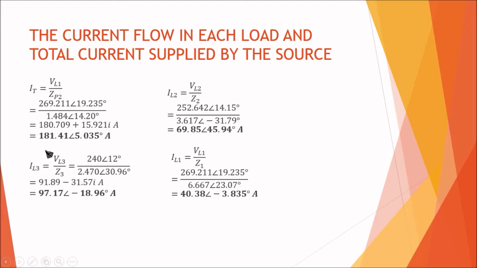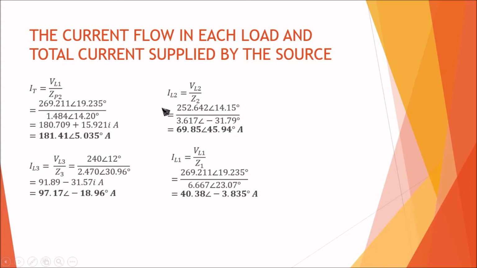Then you can calculate the current at line 3 by using the voltage at line 3 we calculated earlier divided by the load 3, which we get 97.17 angle of negative 18.96 degree ampere.